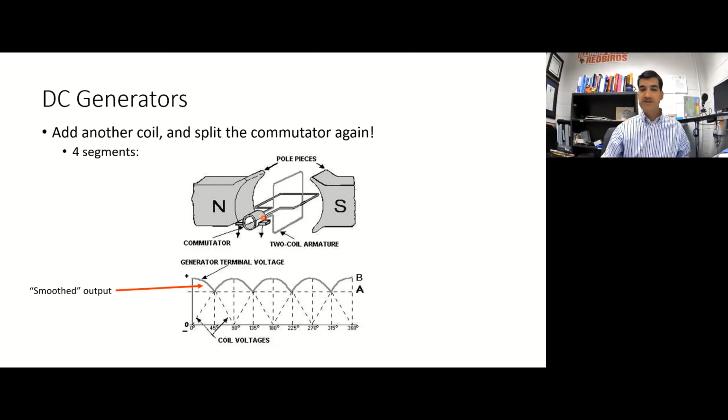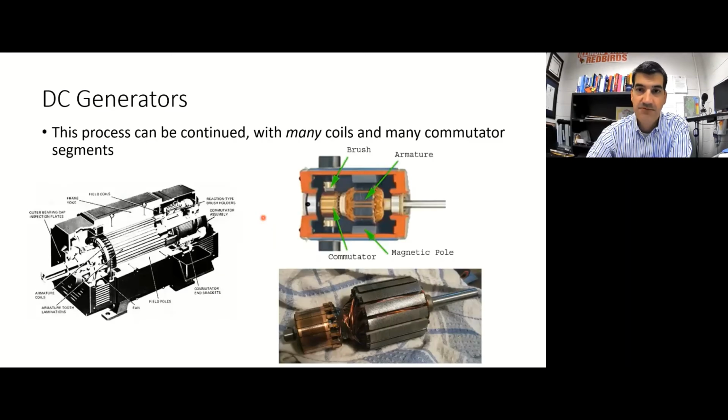All right, so eventually what we're going to do is keep on adding more and more coils to the armature, and keep on adding more and more segments to the split ring commutator. In the real world, in real DC generators, and they exist, they're not as common as AC generators, but they definitely do exist, you can have hundreds of sets of coils on the armature.